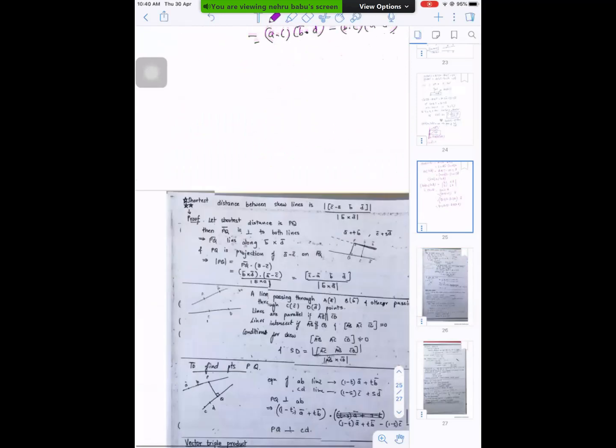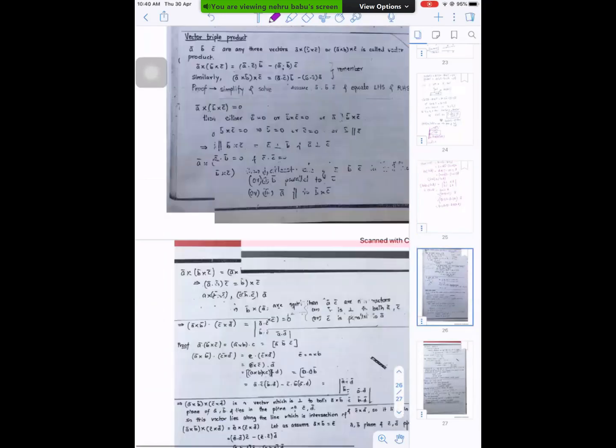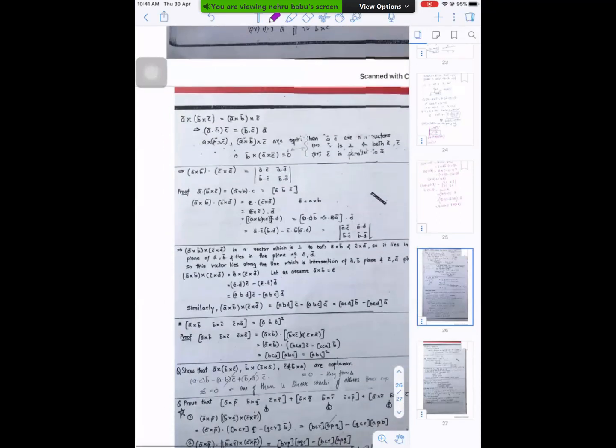So we discussed the shortest distance and the result for A cross B dot C cross D. By using this property, A cross B, B cross C, C cross A, also ABC whole square is coming. In this question, A cross P, B cross Q, C cross R, plus A cross Q, B cross R, C cross P, that sum is 0.